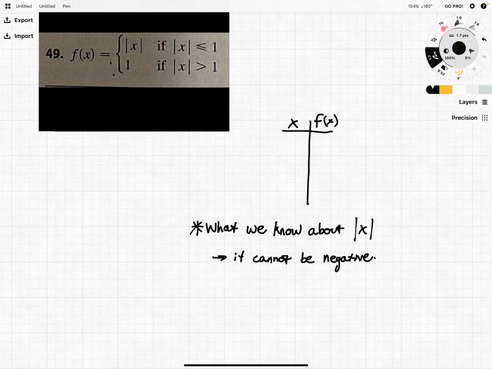That's very helpful because we know it has to be between 0 and 1, especially because it says less than or equal to 1.